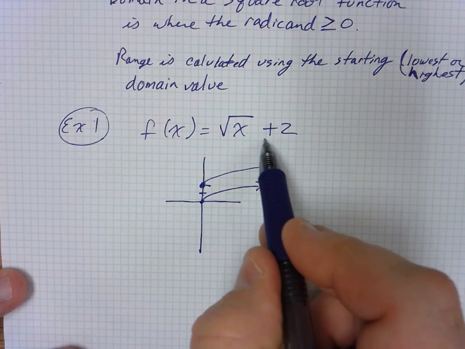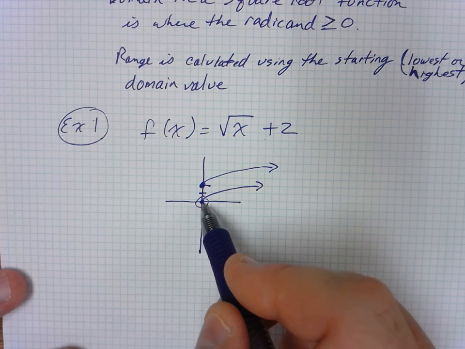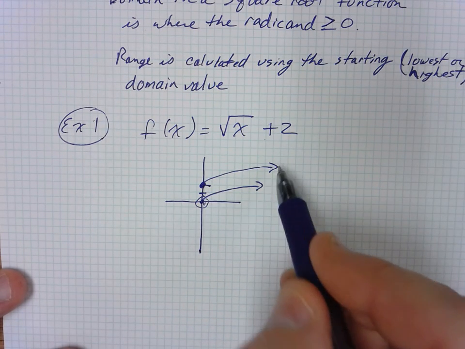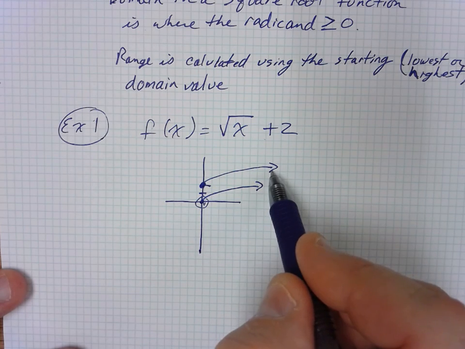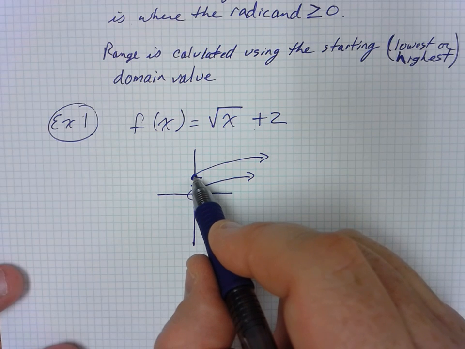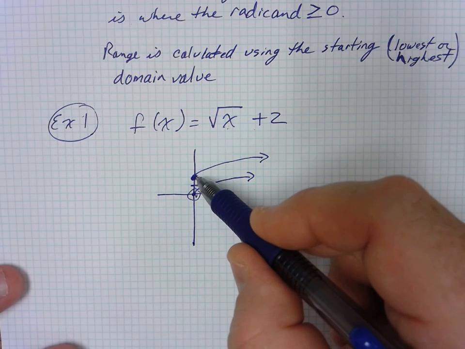So these transformations we're talking about, in this case up 2, is talking about where does this dot move. It moves up 2 units. The rest of the graph pretty much stays the same. So this is the graph of that function. Now the domain here still starts with x is greater than or equal to 0, because we didn't change anything underneath the radicand, but our y values are actually higher.